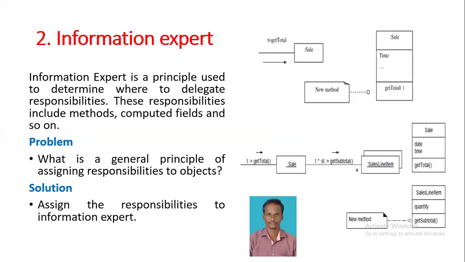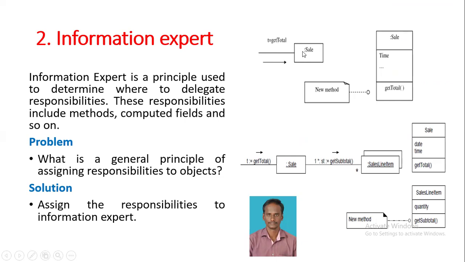Many SaleLineItems can be described by one ProductSpecification. Suppose we want the total for the calculation. In this application, some classes may need to know the grand total of the sale. Consider the partial domain for the first diagram. If you want to know the total, we need to get the total value from the Sale.